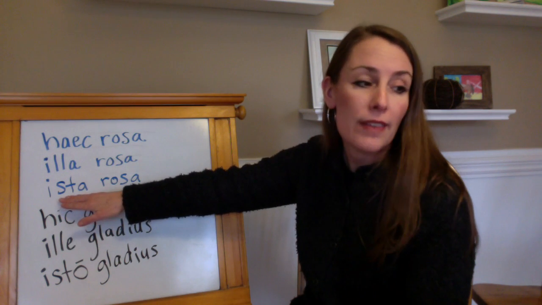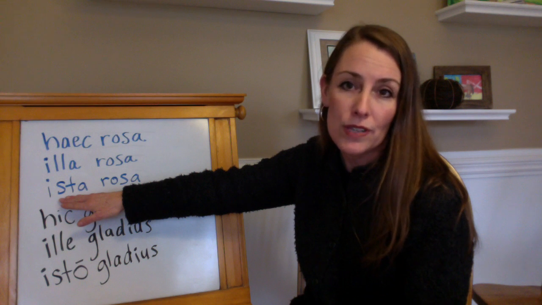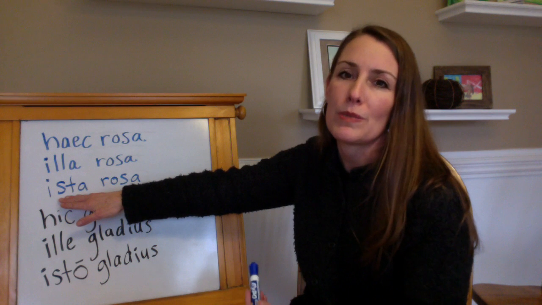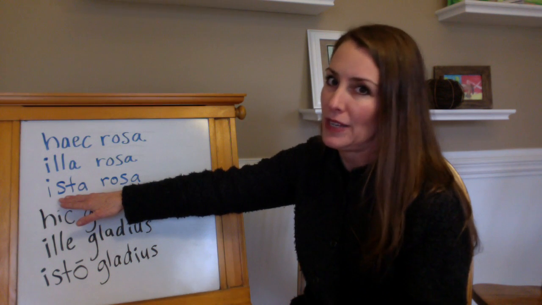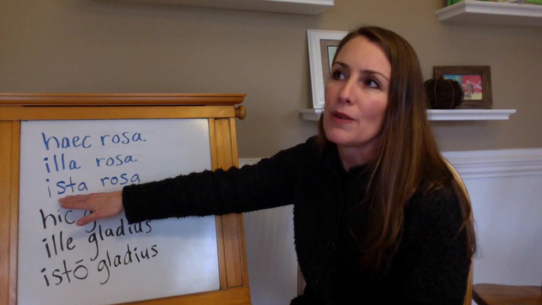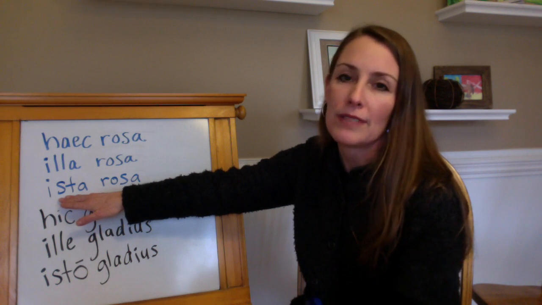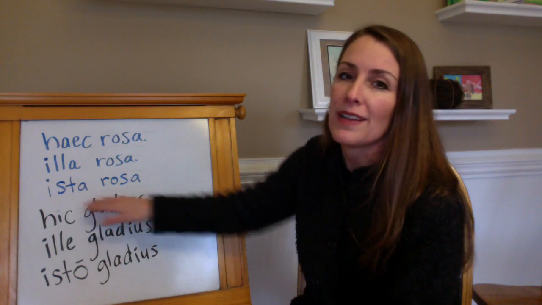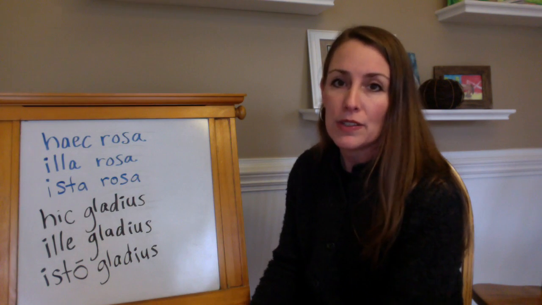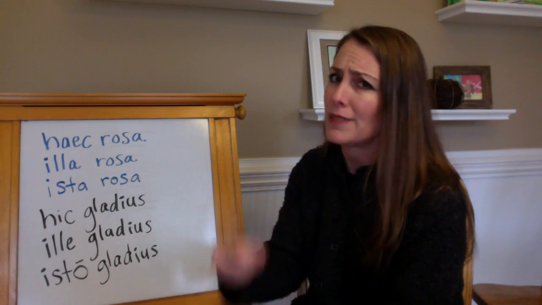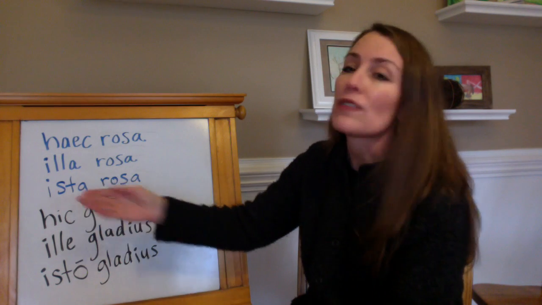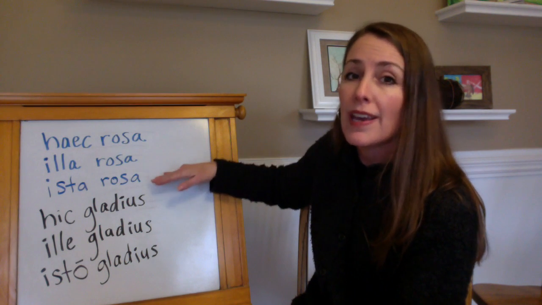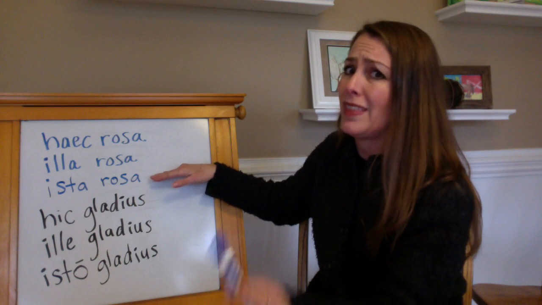The other thing that iste, ista, istud can be used for is something with contempt. We want to speak of that rose or that flower. So maybe it was a flower that didn't smell nicely. So if we wanted to say get rid of that flower, we would say ista rosa. But the context is going to tell you whether or not the rose is something that we don't like or if it's something that's just near you. Okay, so we have this rose, that rose, and that rose near you or that rose.